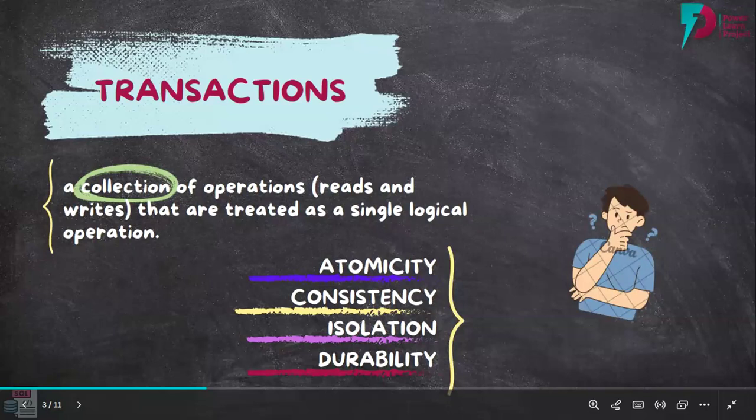Number two, it prevents data corruption by maintaining atomicity. Number three, it prevents interference between concurrent transactions. And finally, number four, it guarantees committed transactions are permanently saved, ensuring data durability.